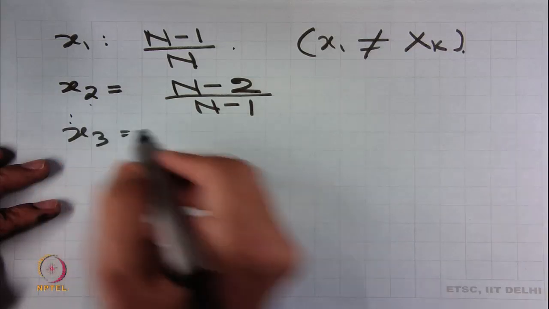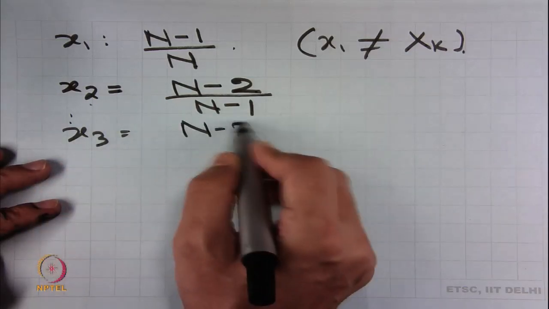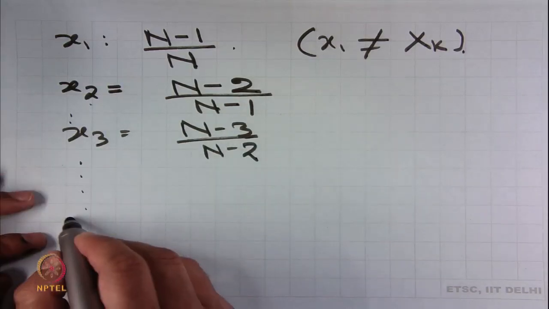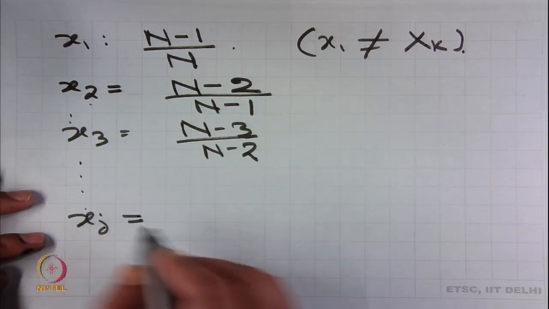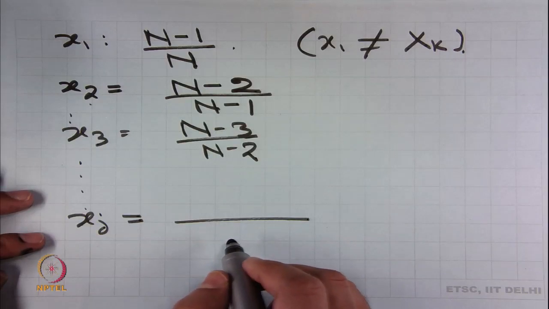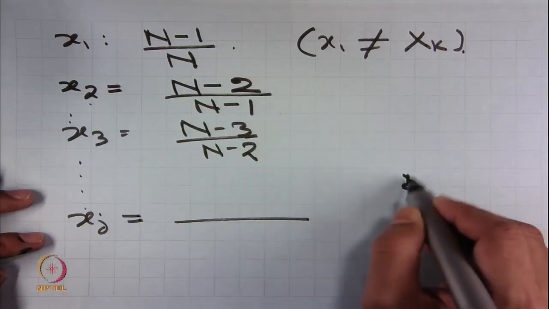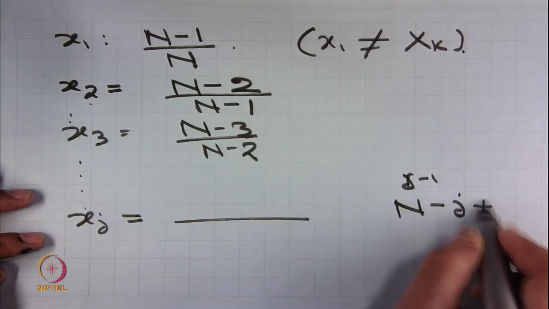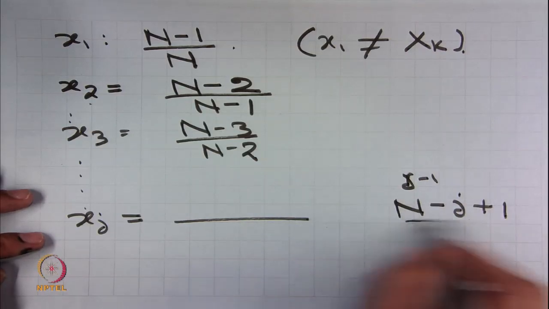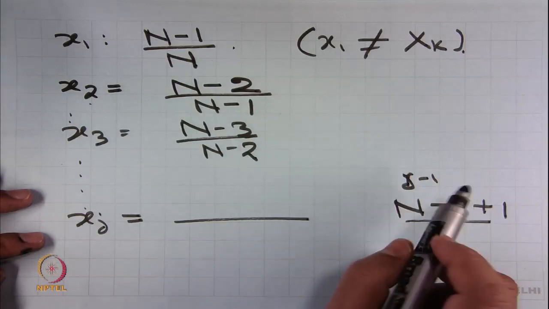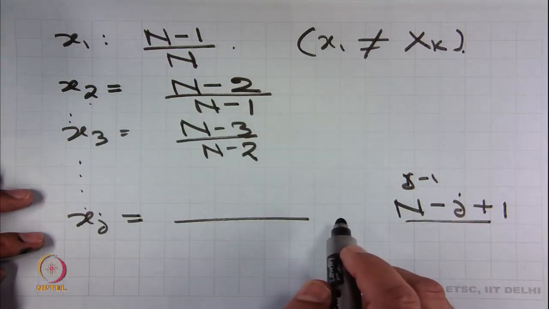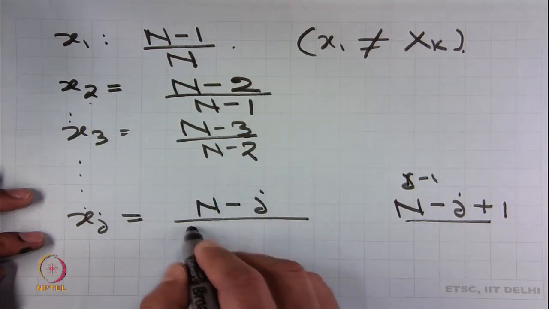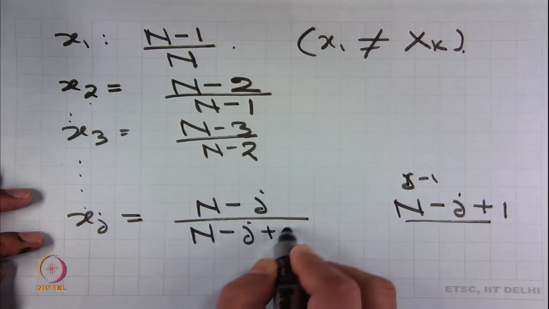Similarly, x 3 will have the probability n minus 3 upon n minus 2. And when I am selecting the x j, I have already selected j minus 1. So, how many are left? The number of elements left is n minus j plus 1. Out of that, I will be choosing one of them except x k. So, I have the selection possibility of n minus j of them out of n minus j plus 1.